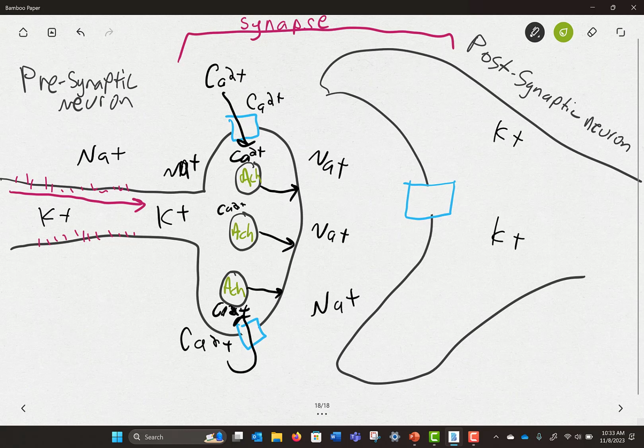Exocytosis, like we had in our not really attendance question. So all of those vesicles merge with the plasma membrane, exocytosing acetylcholine. So very quickly, the synaptic cleft fills up with acetylcholine.